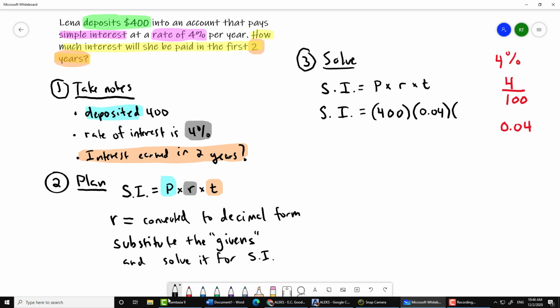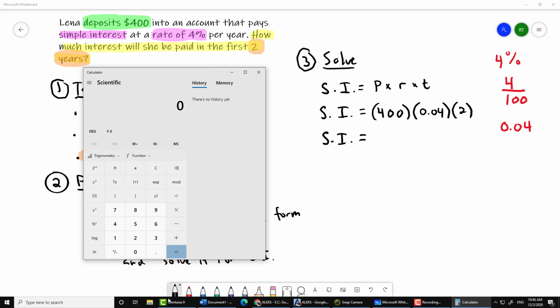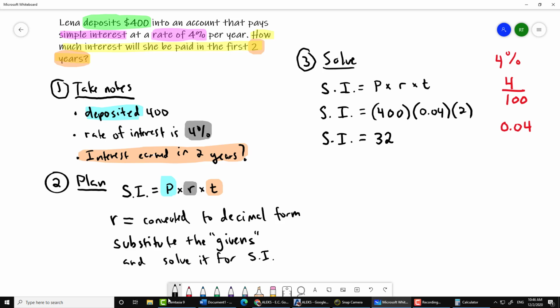And then the amount of time invested, T, is 2 years. And now all we have to do is multiply these numbers together. So let me just pull up my calculator, and I get 400 times 0.04 times 2, and we get 32.